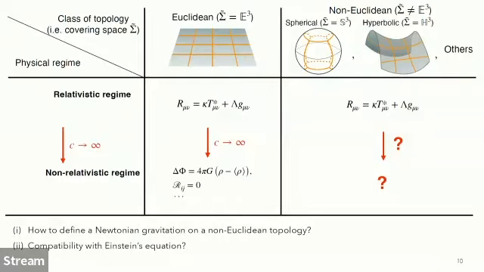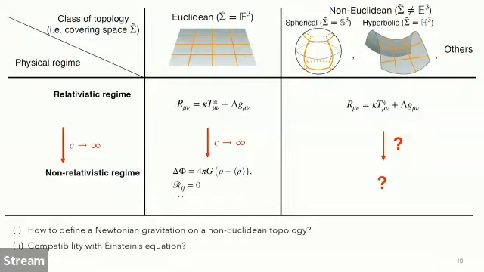And once we obtain those equations, are they compatible with general relativity, as is the case for classical Newtonian equations in the Euclidean case? There are a lot of ways of obtaining the Poisson equation by performing a limit of GR. Okay. So these were the questions I was interested in.